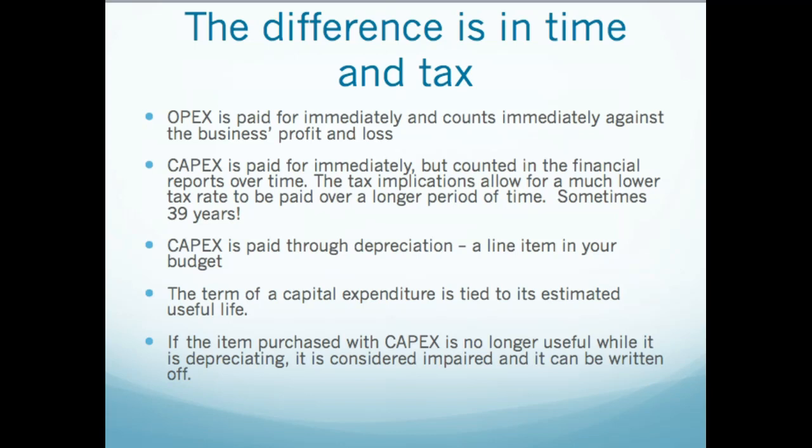So CapEx gives you a way to take items that have a long-term impact on the business. I keep saying it, they're capital expenses that are important to the business, expensive, and have a lifetime. They're not one-time things, right? So a light bill doesn't have a lifetime. When you pay the power bill, it doesn't have a lifetime.